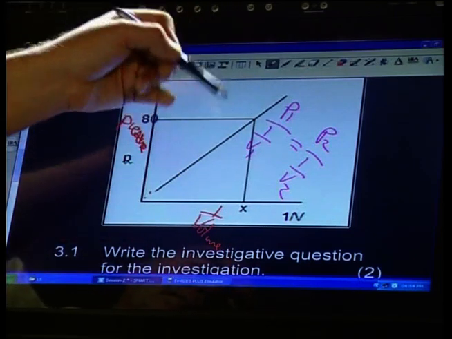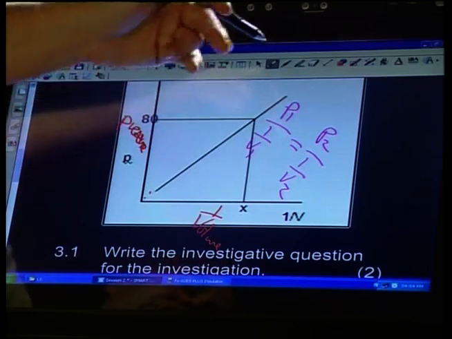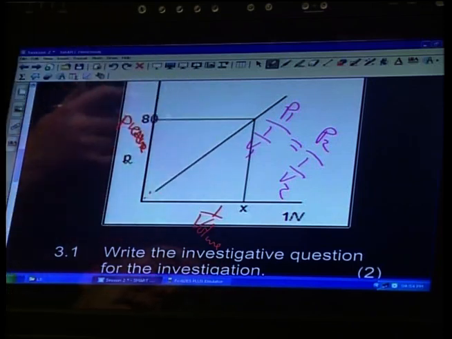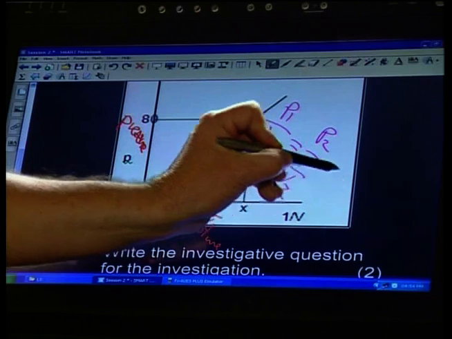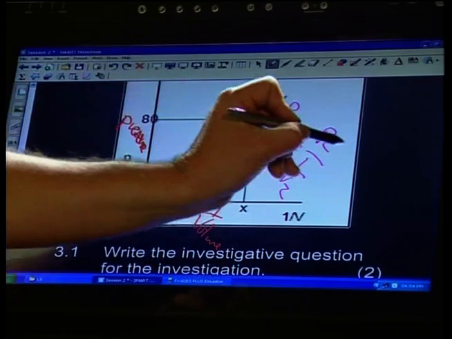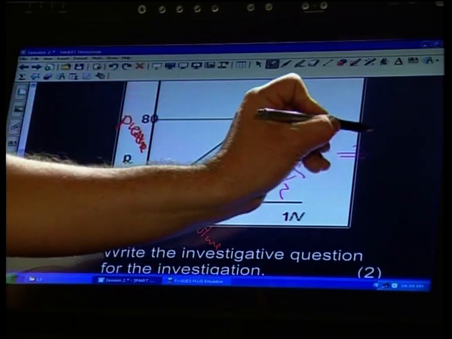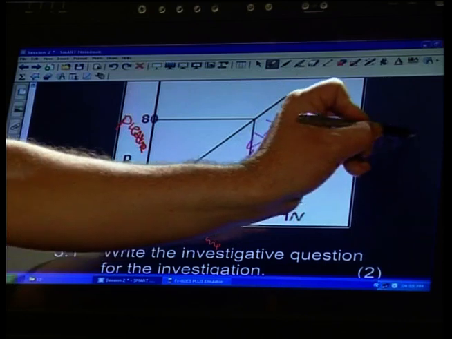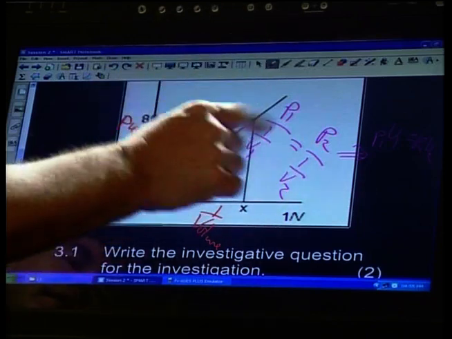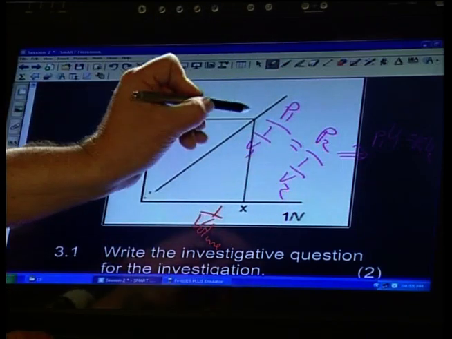But if you simplify this relationship, you know that if you divide by a fraction, you tip it and times it. So what do we get? It's exactly what I wrote down just now. So from that point, we can say P1 V1 equals P2 V2. I hope you can see that this is from the graph.